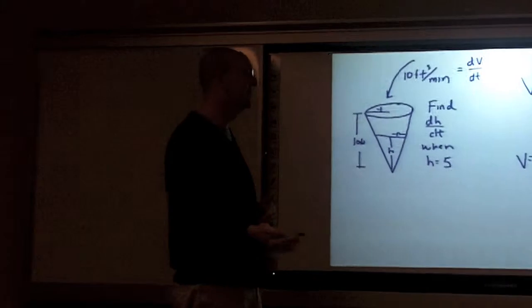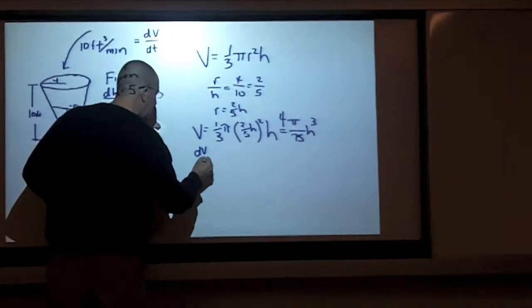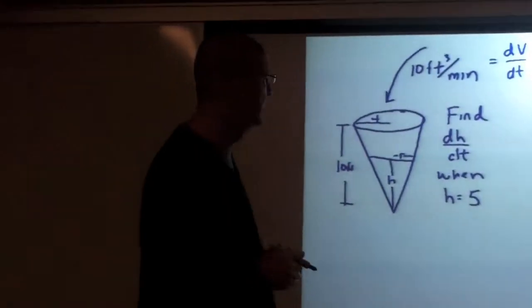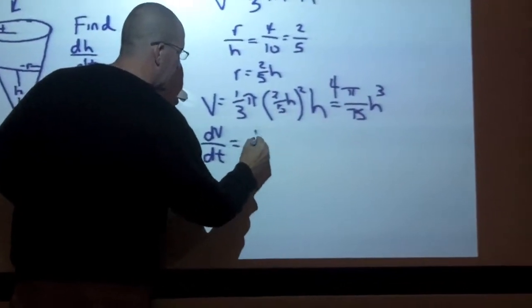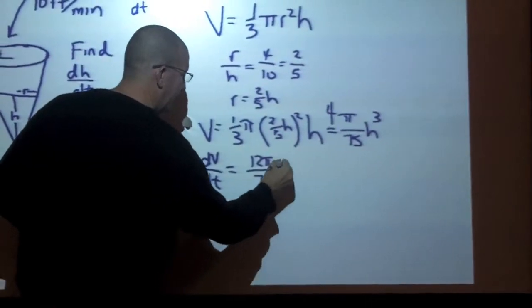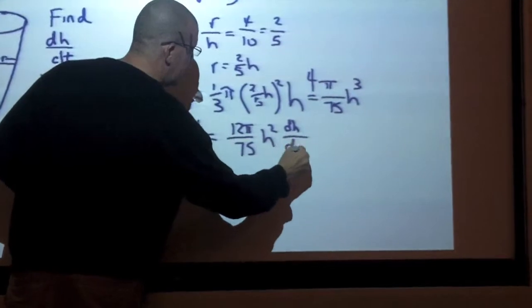Okay, let's continue on now. Differentiate dV/dt, with respect to t. Always with respect to t. 12 pi over 75 times h squared, that's right, dh/dt.